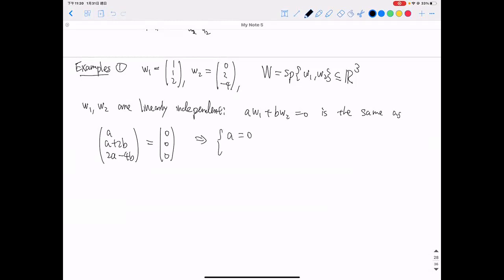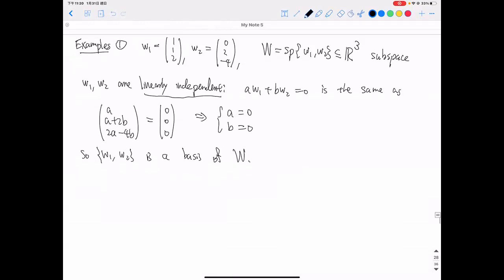And once A is 0, any of the other two equations will give you B equal to 0. So the two vectors are linearly independent, and the subspace W is the span of these two vectors. Therefore, the two vectors give you a basis. So W1, W2 is a basis of W.